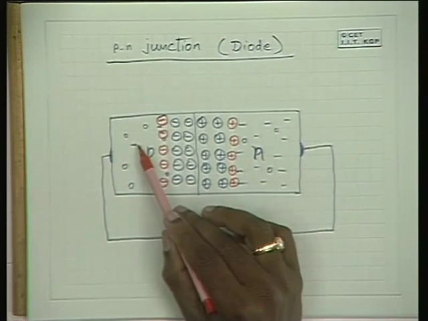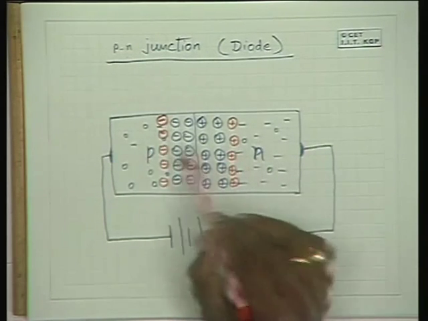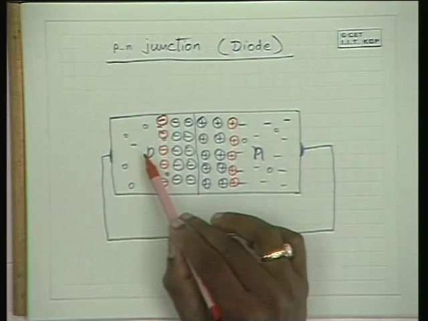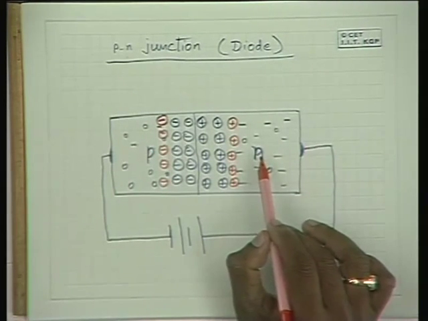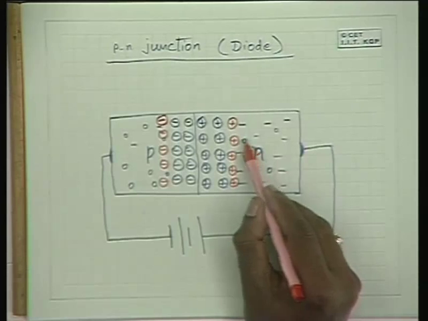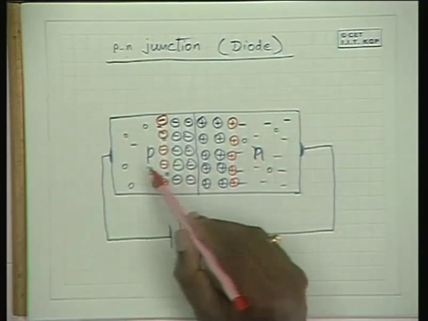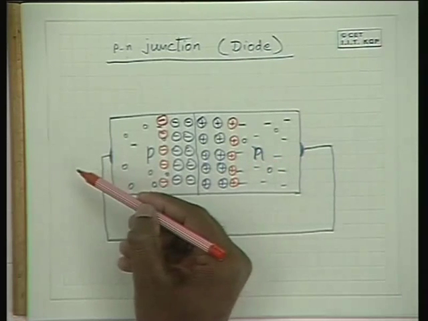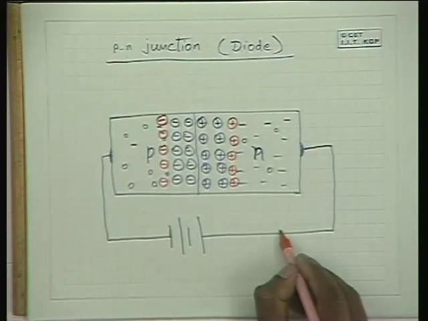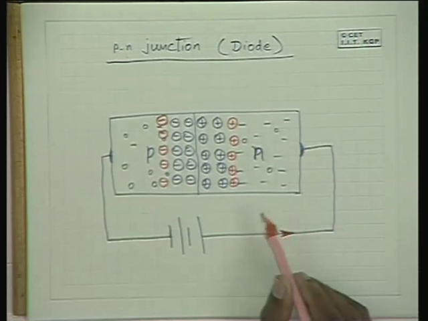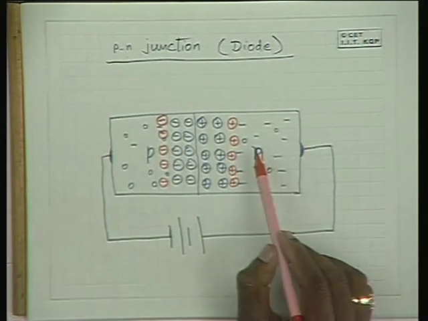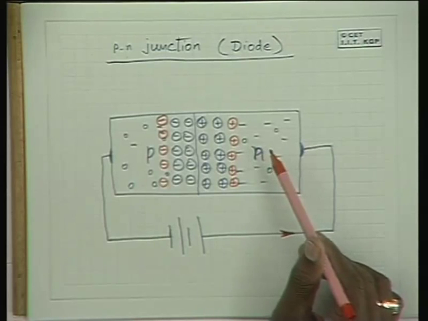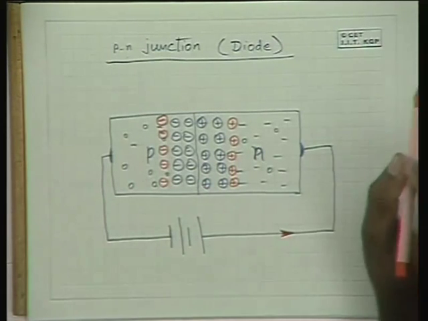Therefore the minority electrons from the p side do drift into the n side here, and the minority holes from this side move into the p side here. Since the positive charge is going in this direction, there would be some current flowing in this direction, which is the current due to the minority carriers on this side as well as on this side.